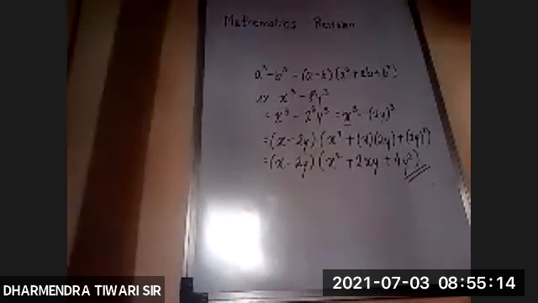This is your answer for the given problem x cube minus 8y cube. What you have actually done is factorized the given expression in such a way that it is separated into two forms. Further simplification is not possible.